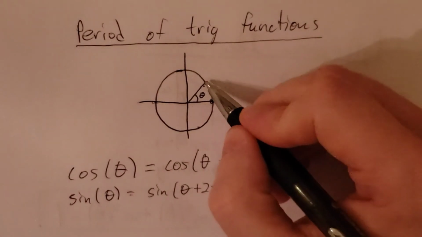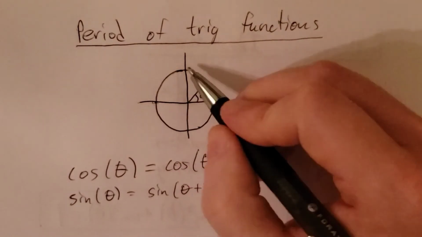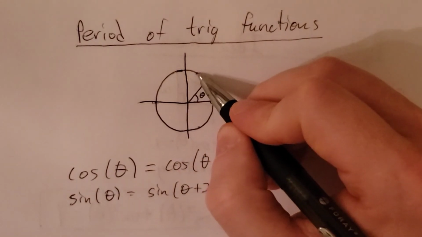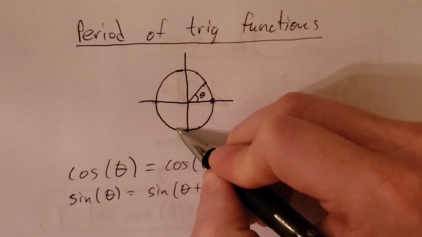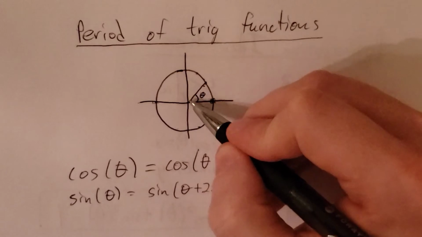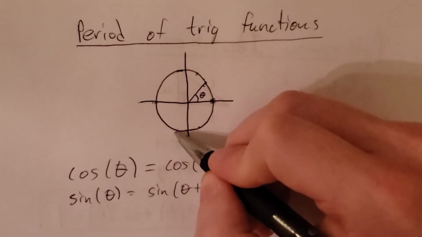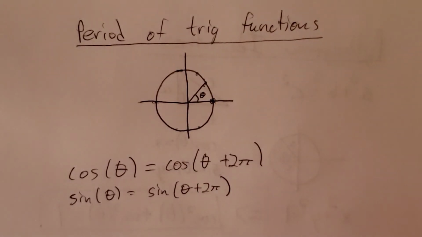But that's not true everywhere else. So if I pick another spot up here, and I add pi to it, then I'm going to go halfway around the circle, and I'm going to be down here. Sine is not going to have the same value here. It's positive up here, and it's negative down here. So they're certainly different. So the period of sine can't be pi, because, again, it doesn't work for every angle theta. But if you add 2 pi, that will get back to the same sine value everywhere, no matter what that theta is.